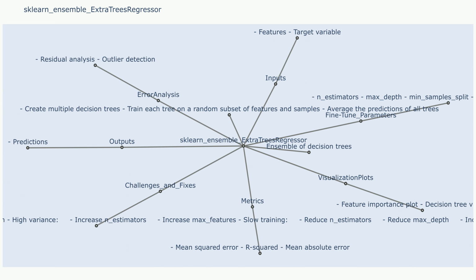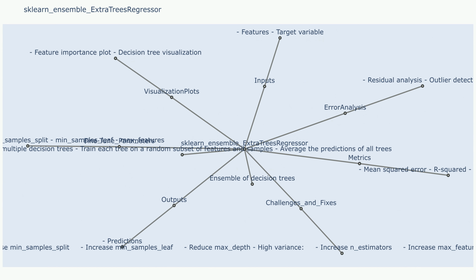Challenges and fixes. Challenge 1: overfitting occurs when the model learns the training data too well, resulting in poor performance on unseen data. Sample use case that resulted in challenge 1: using a large number of trees (estimators) and a high maximum depth. Max depth without sufficient data can lead to overfitting.